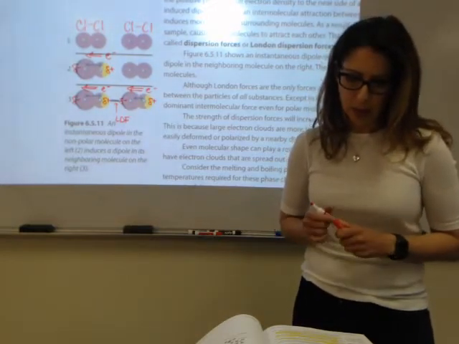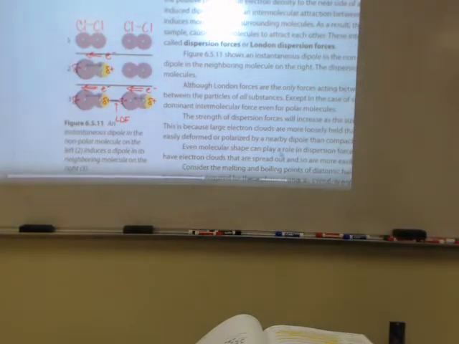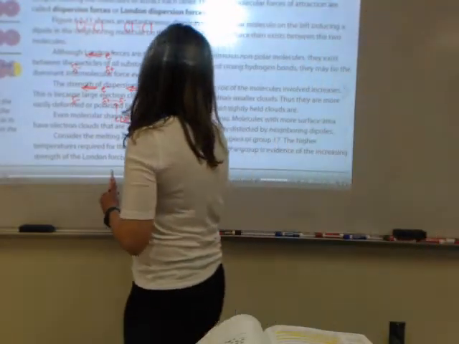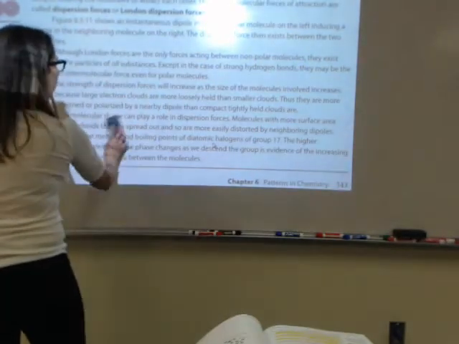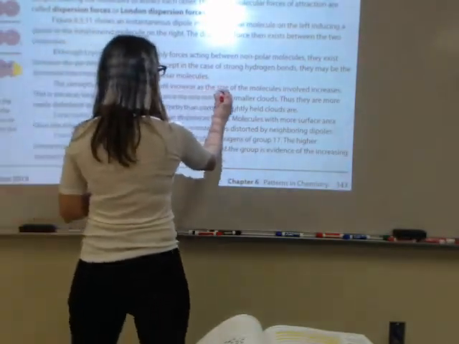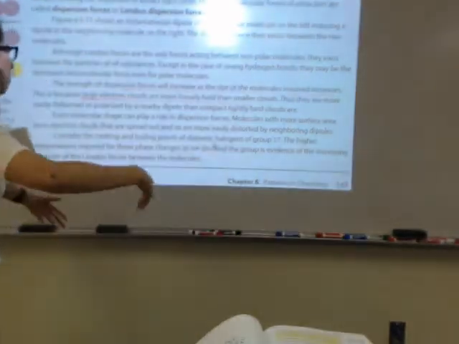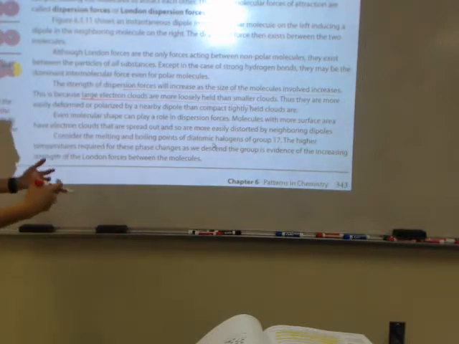So the strength of these London dispersion forces is going to increase as the size of the molecules increases, because when you have large molecules, the electron clouds are going to be more loosely held, so they have more movement, more ability to deform or polarize.